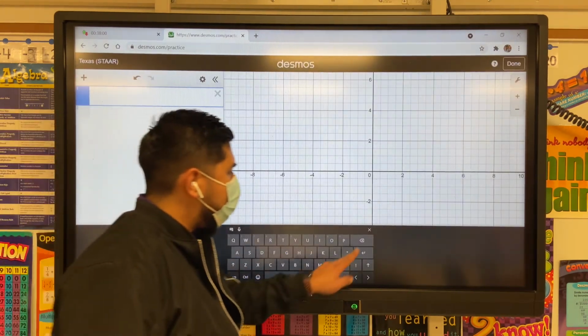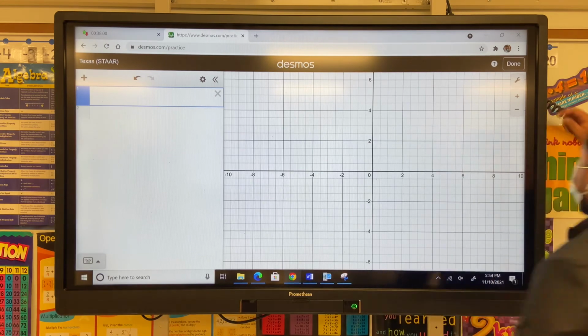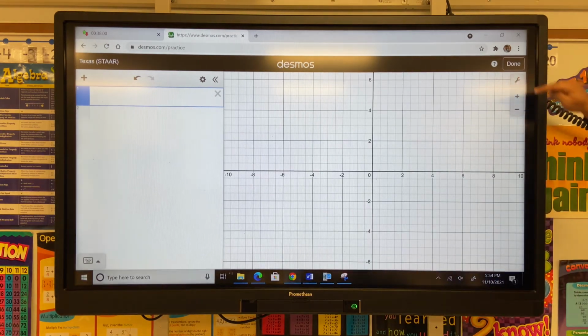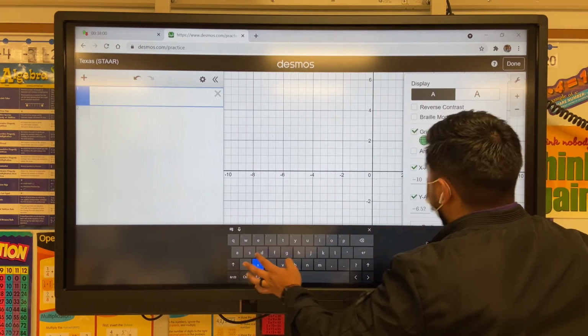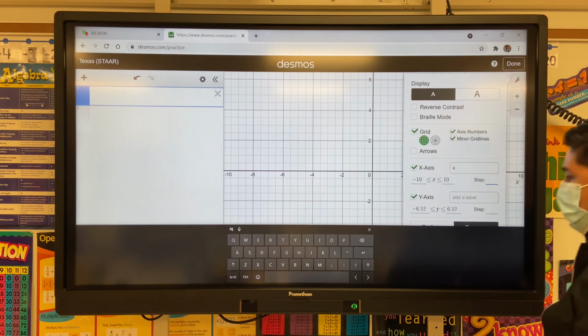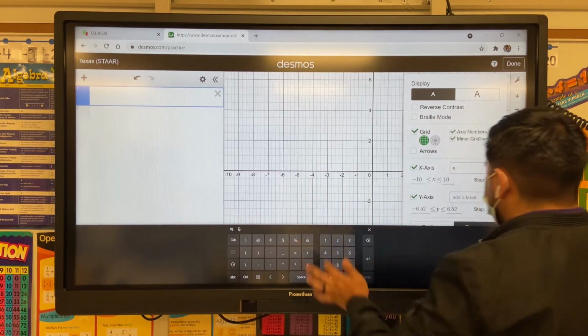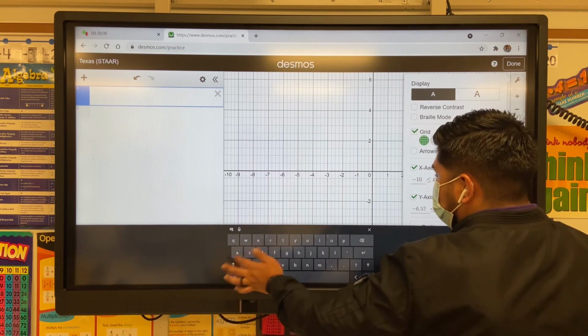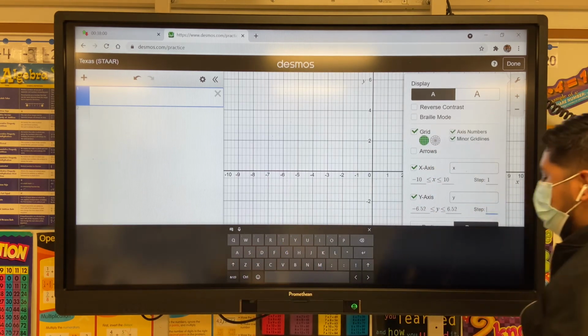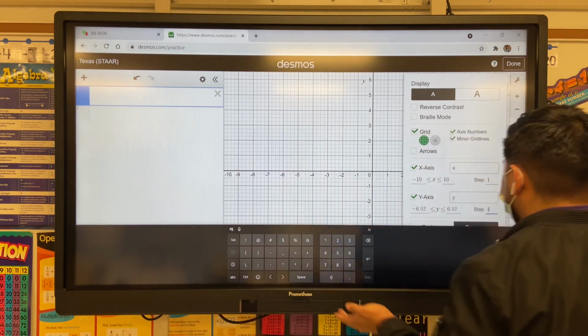I love to tell my kiddos, you're going to click the settings icon right here. Definitely for X-axis, let's put the letter X, step 1. For our Y-axis, let's also put Y with the step 1.